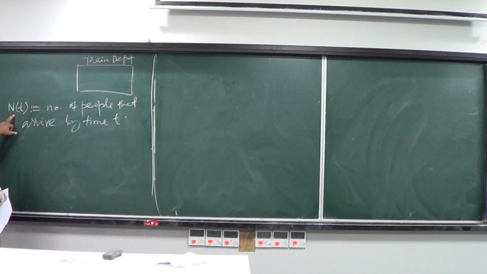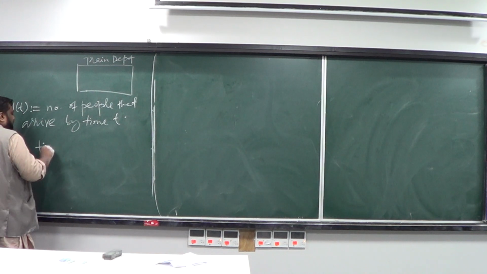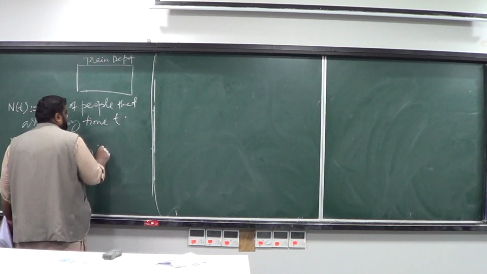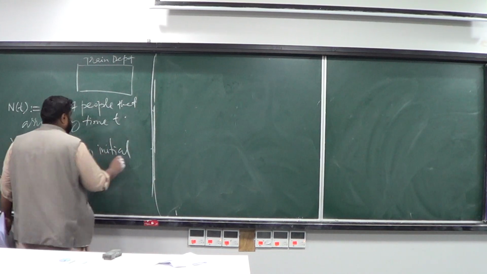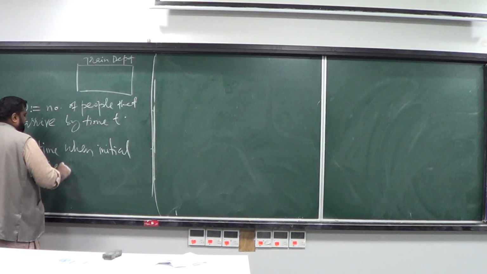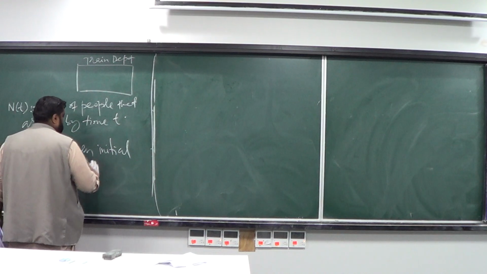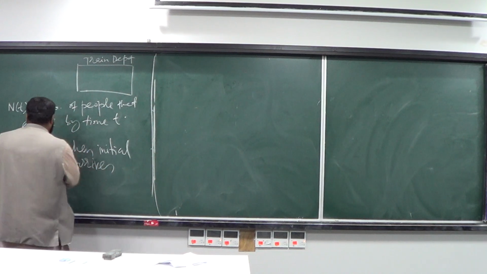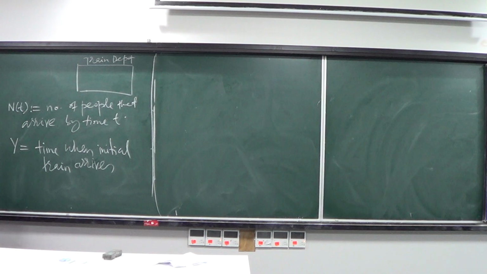So N of t represents the number of people that arrive at the train depot by time t, and say Y represents the time when the initial train arrives at the station or depot. So Y is representing the time when the initial train arrives.